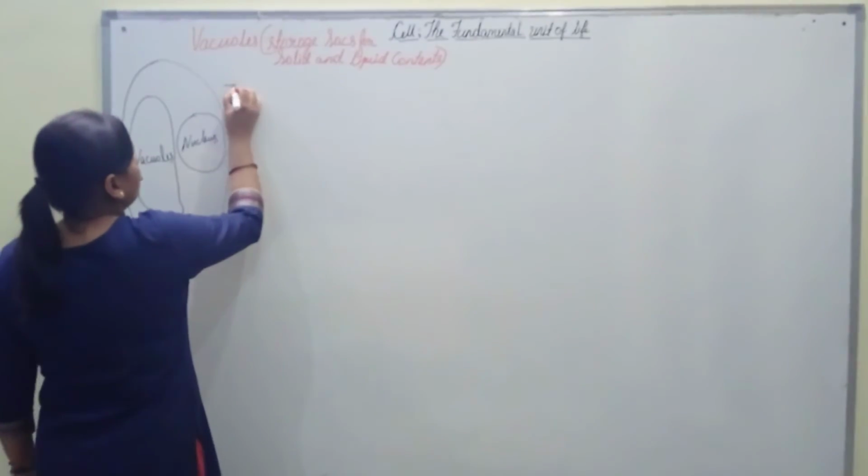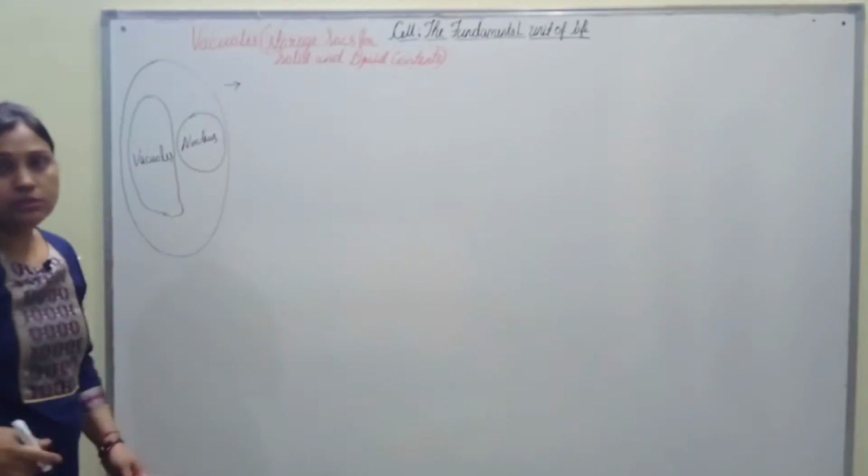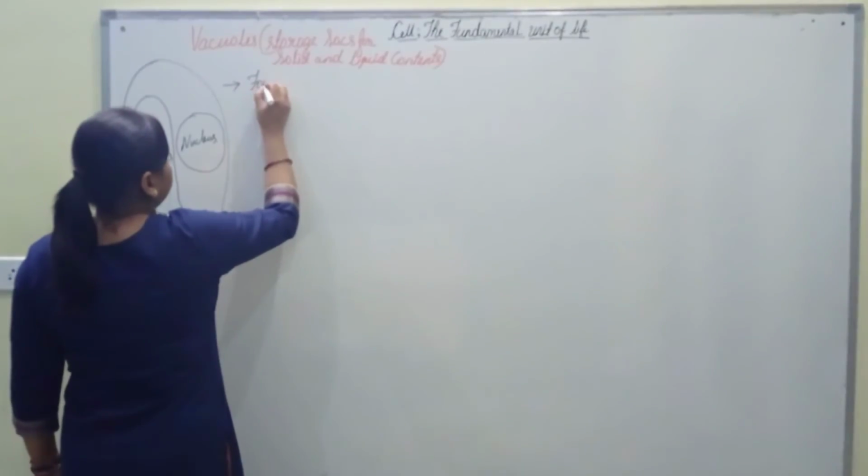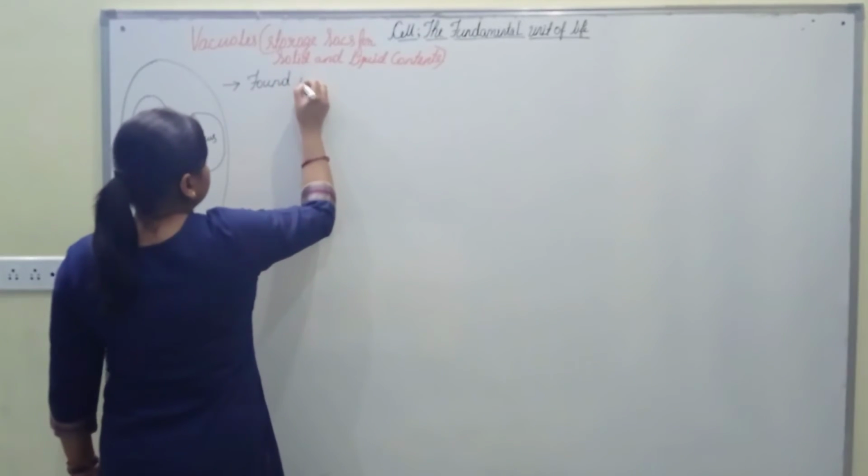So if we talk about vacuoles, it is found in plant cells.